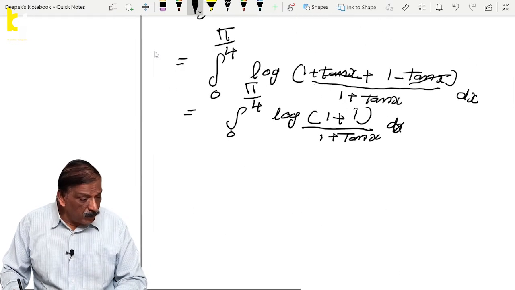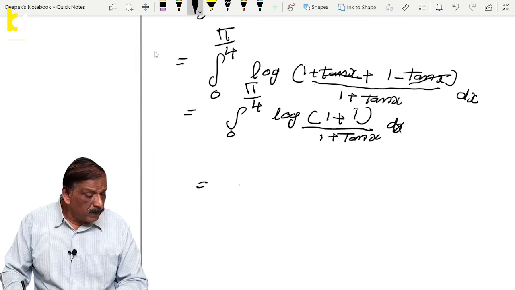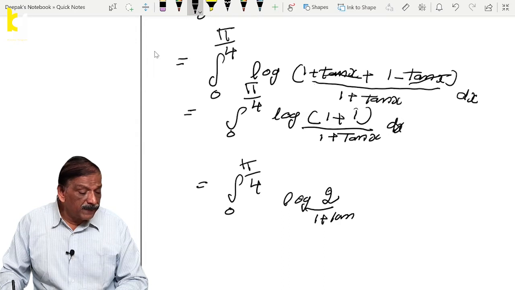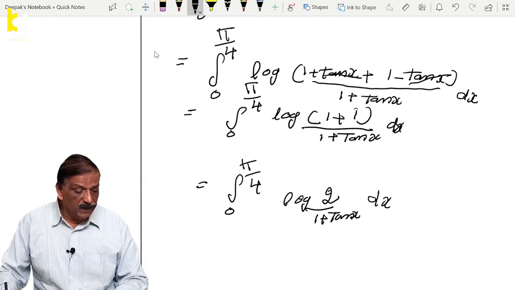That is equal to integral 0 to pi by 4 log 2 divided by 1 plus tan x dx. That is equation number 2.